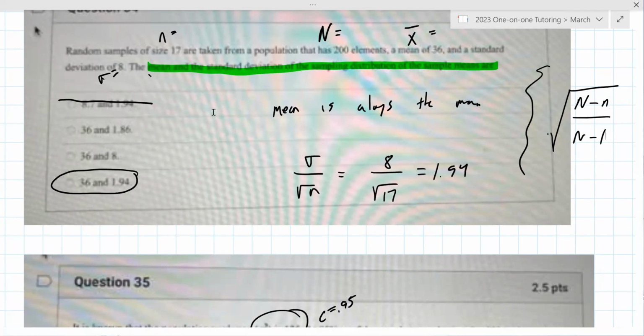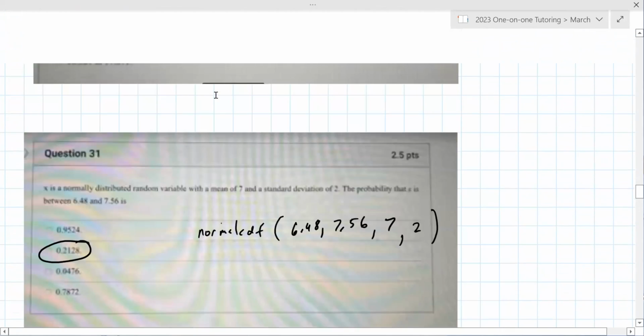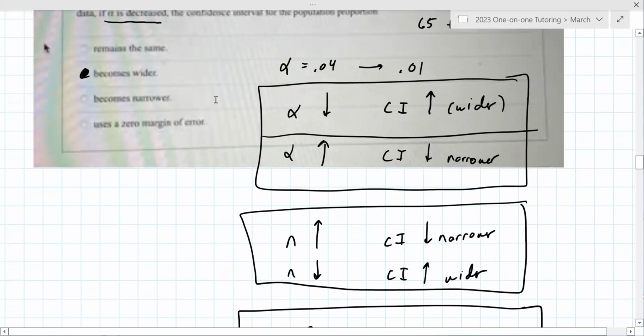Could you go back to the note card ones? I was kind of confused on that. These right here? Yeah. Could you explain that again? Yeah, so if alpha goes down, let's say alpha is 0.05, which gives a z number of 1.96 for alpha divided by 2.